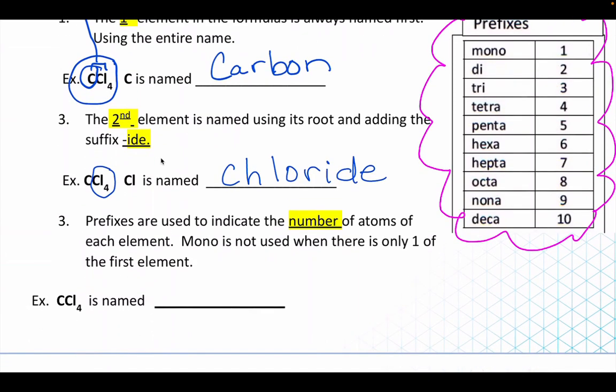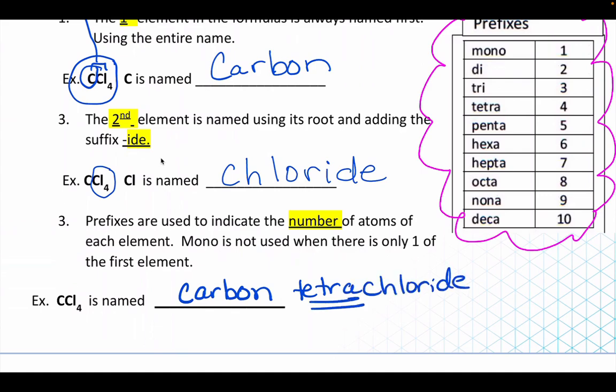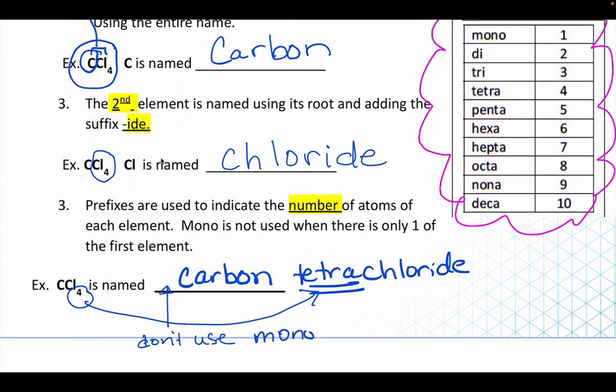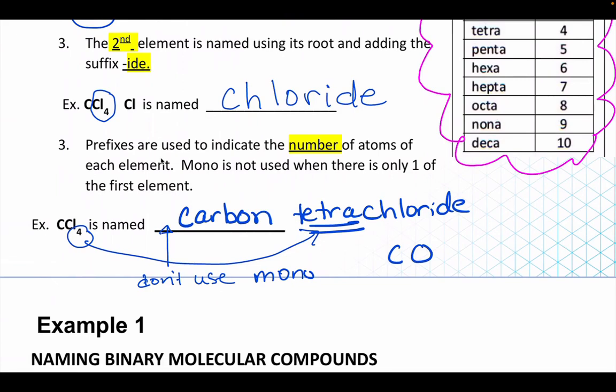So the name of this is going to be carbon tetrachloride. I'm using prefixes to tell how many elements there are. Notice that I don't use mono when I only have one of the first. But if I were to name this one, I would call it carbon monoxide.